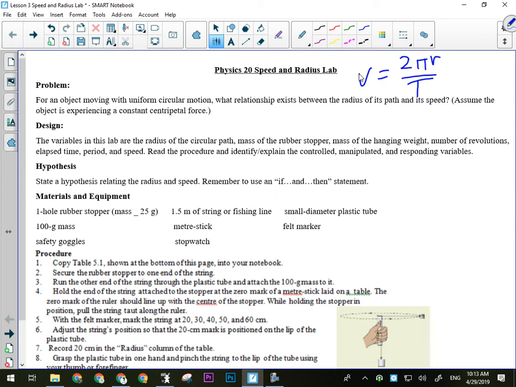The trick to this experiment is keeping that radius constant for 20 revolutions. You're going to have to mark on your string where that radius is at the top of the tube, and then the person doing the whirling, we'll call them the whirler, is going to have to monitor that and do their best to keep that constant.